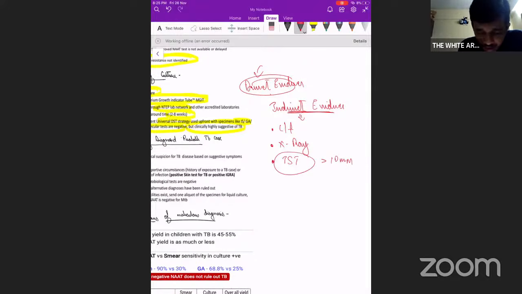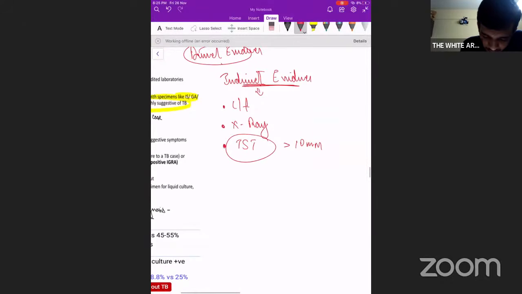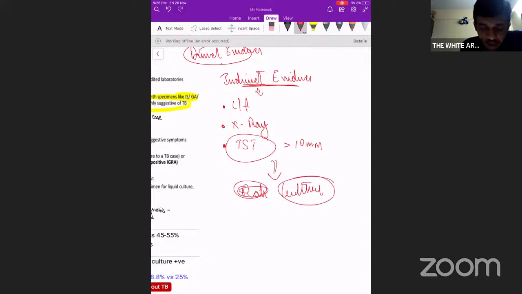So under all these situations, we might have to consider clinically diagnosing it as TB and name it as probable tuberculosis case and start the treatment, okay? And before starting the treatment, we'll have to send one sample for culture. That is when the role of culture comes into picture, as we have discussed before.